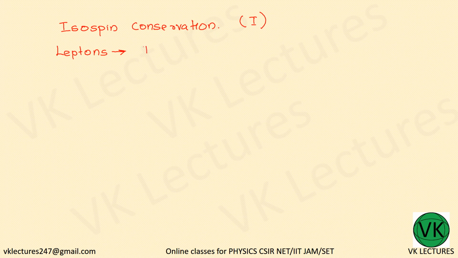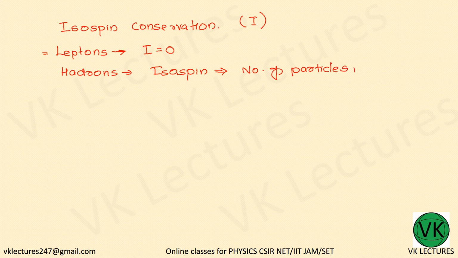So I is equal to 0 for leptons, and for hadrons, the isospin is determined by the number of particles in a group.